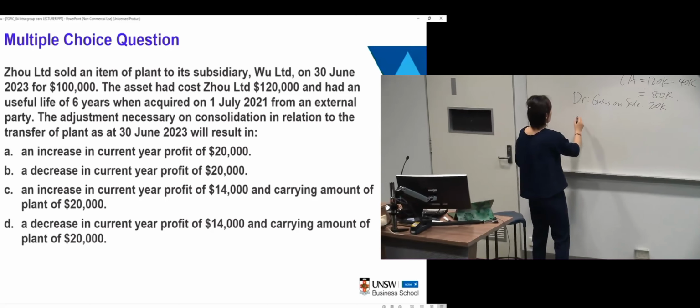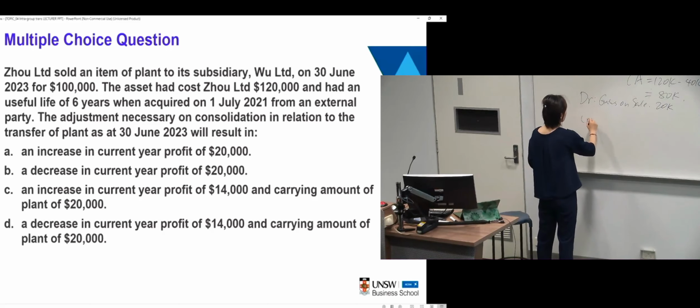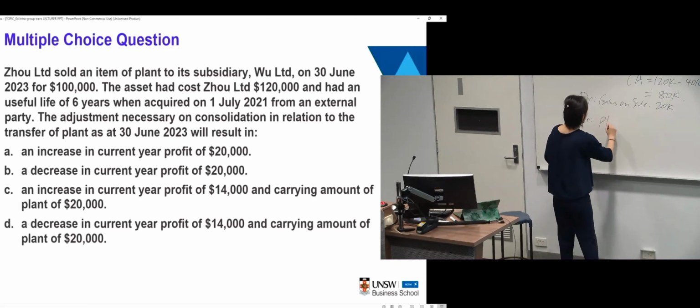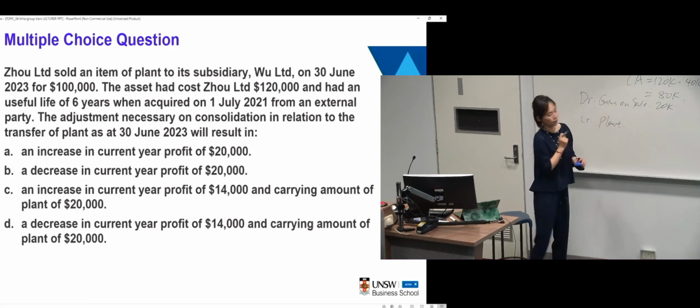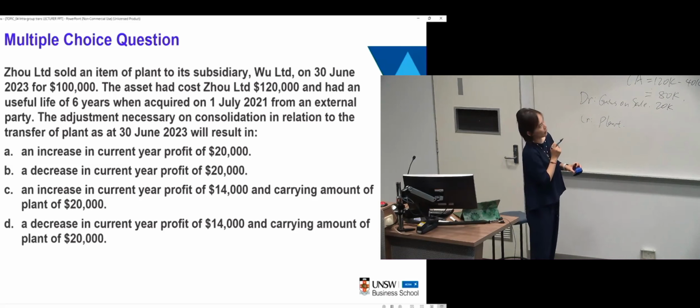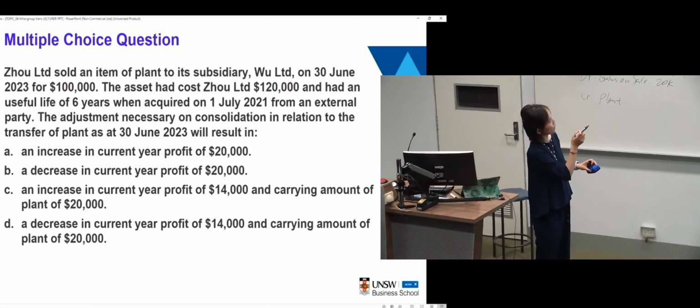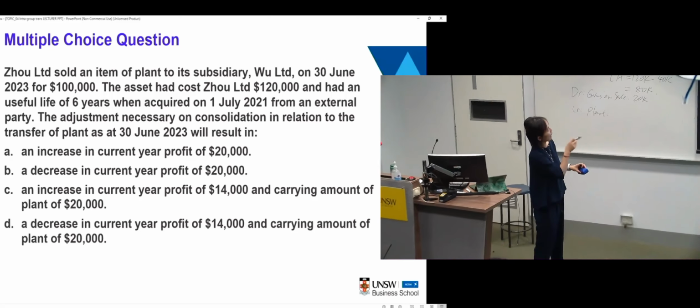In addition to that, there will be a credit of plant, right? So yes, it's a credit of plant for 20,000 because the cost to the group is 120,000, right? And after transfer, it is recorded as 100,000.